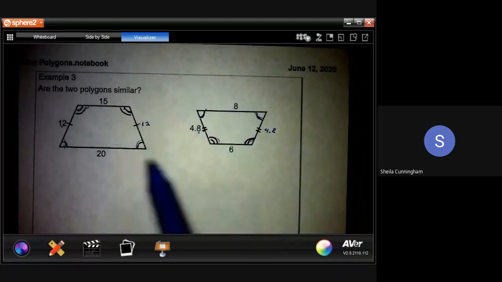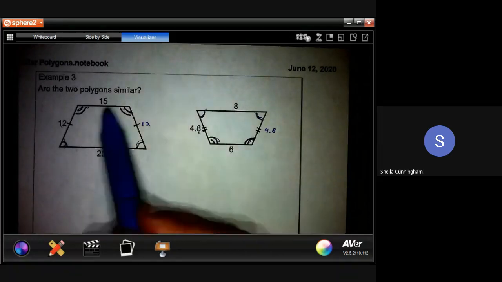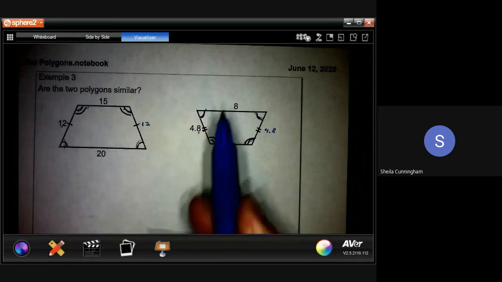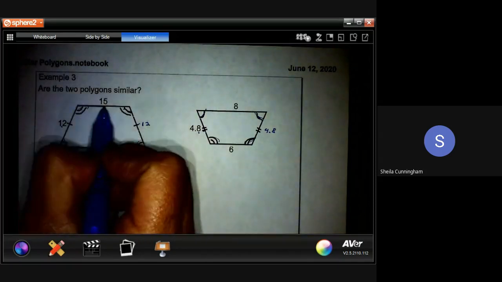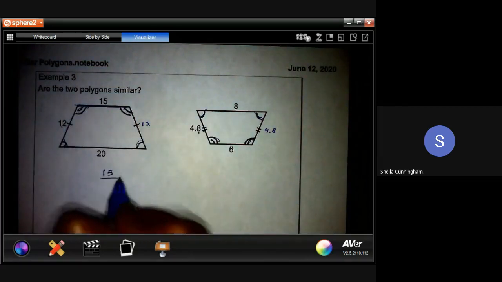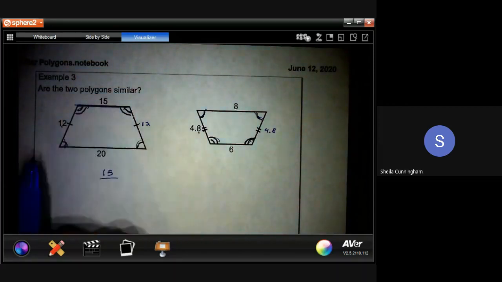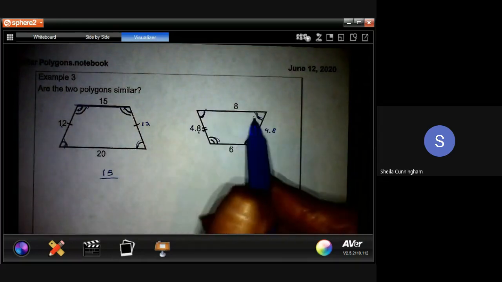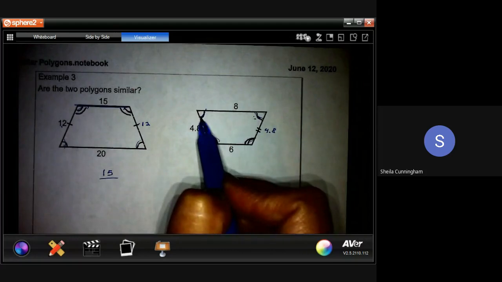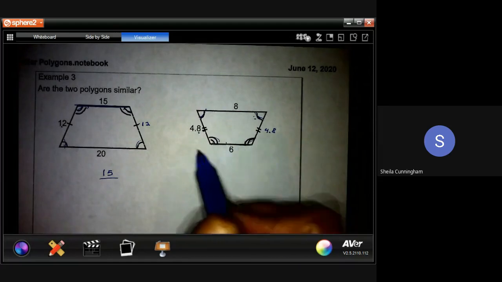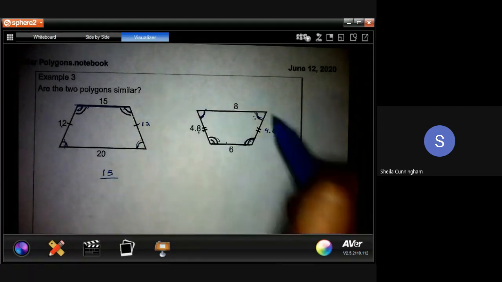However, these shapes are flipped, rotated differently. So we have to make sure that we pick the right corresponding sides. If I'm looking at 15, this piece up here, it's not going to correspond with this piece up here, because this is dealing with the small single tick angles. It corresponds to this piece down here, because the shape has just been rotated.